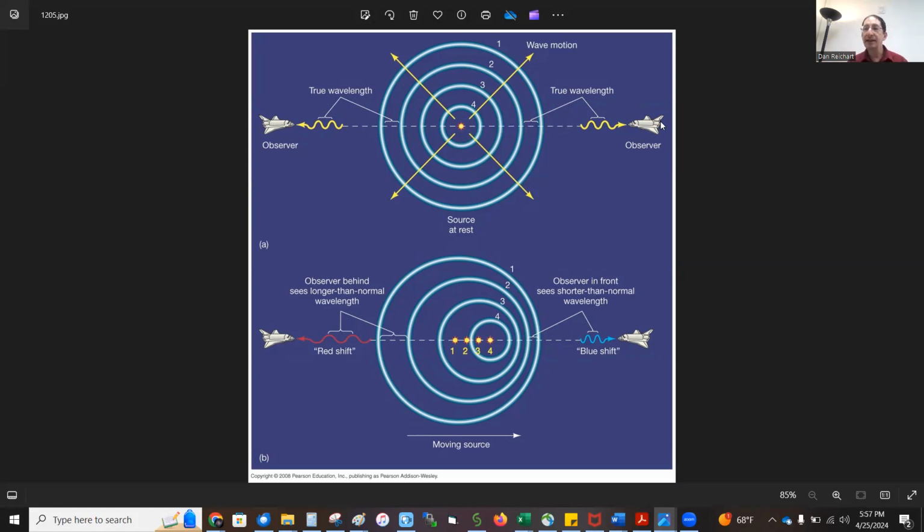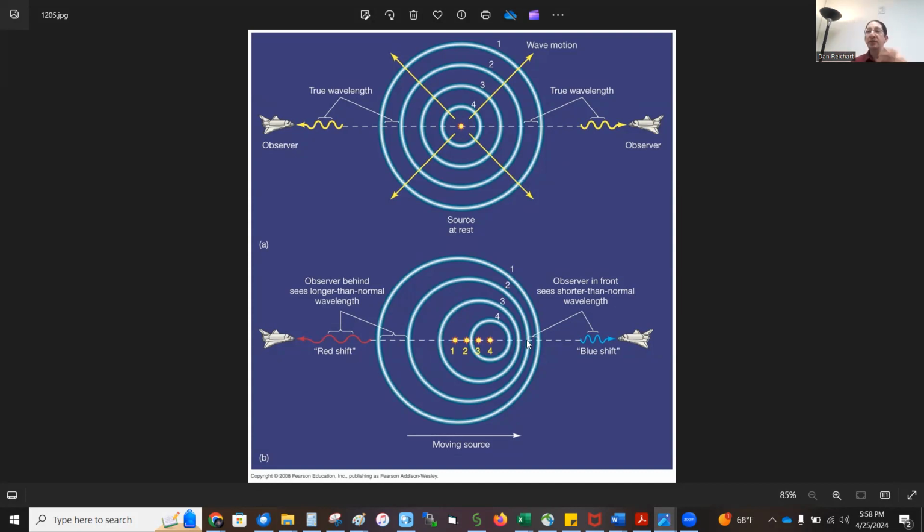We receive the light at the same frequency that was emitted. But if the object is moving towards us, and Andromeda is moving towards us, then the waves get compressed in the direction of motion. So the wavelengths get smaller, the frequencies get higher.